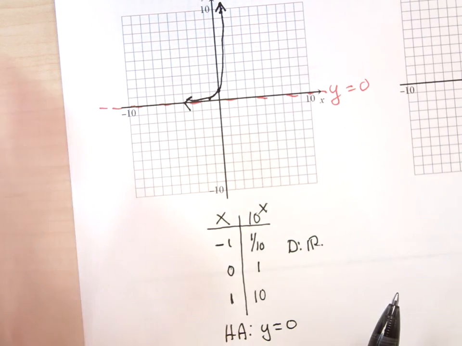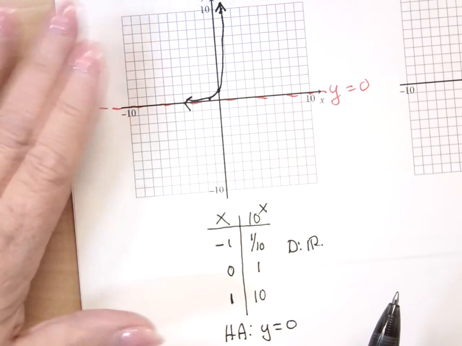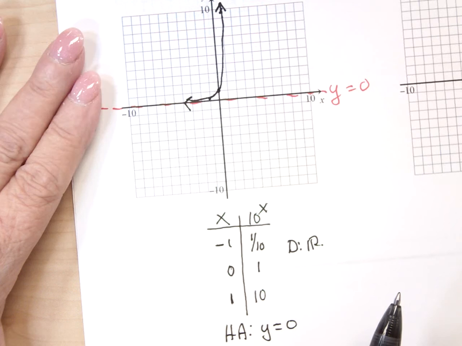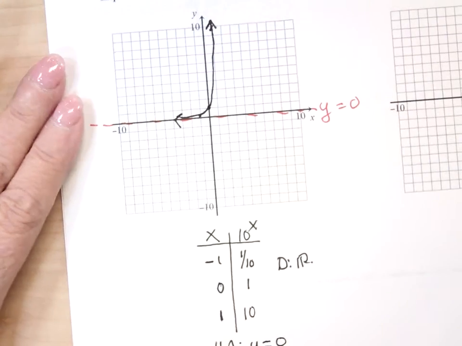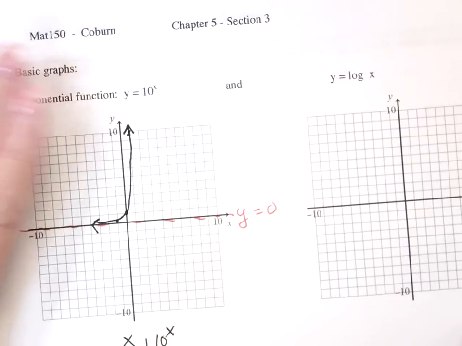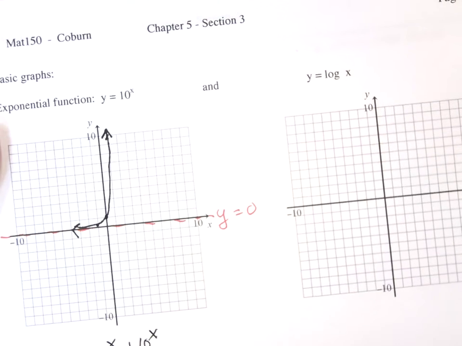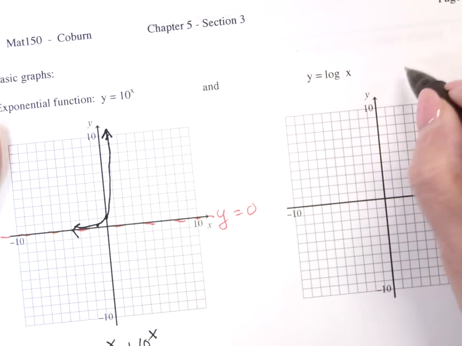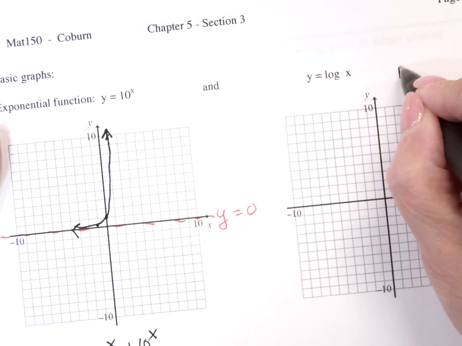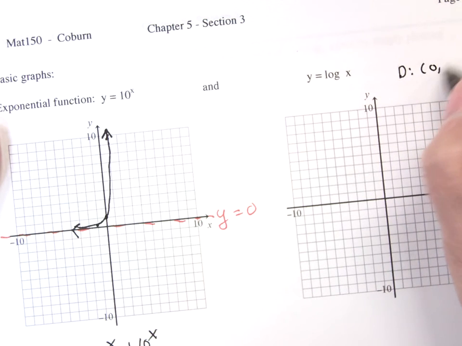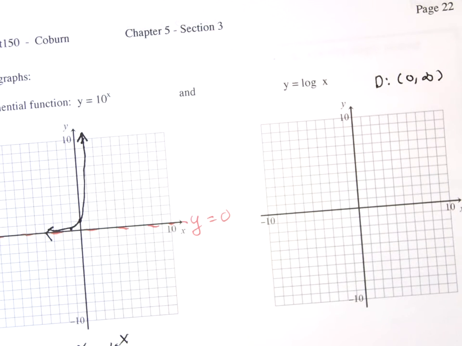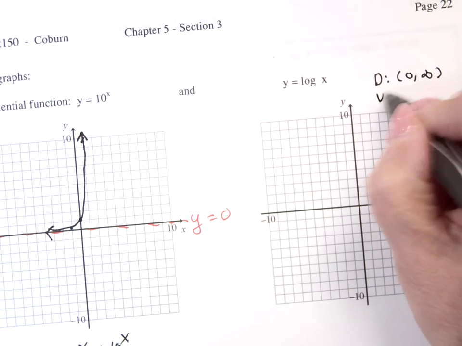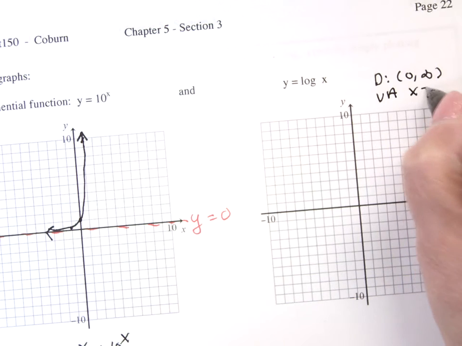So I said, well, how's that going to help me graph these things, especially using transformations? Well, you've got to deal with the basic graph. The easiest thing to do with a logarithmic function is knowing something about it: his domain is 0 to infinity, and he has a VA at x equals 0.